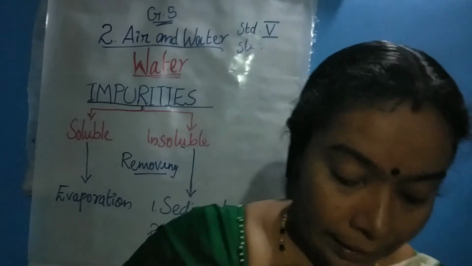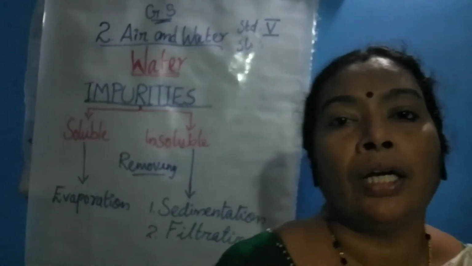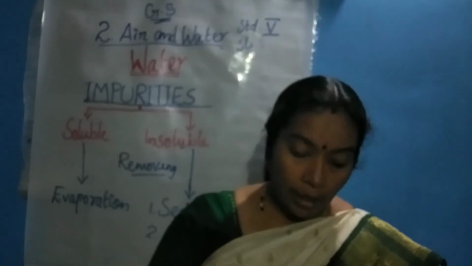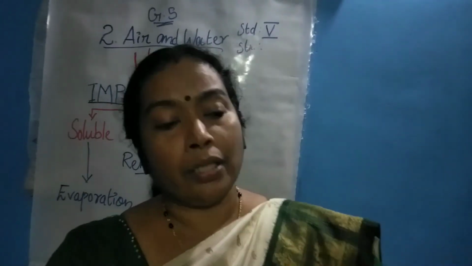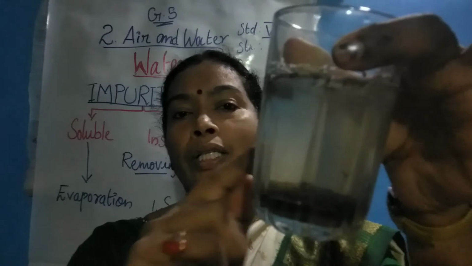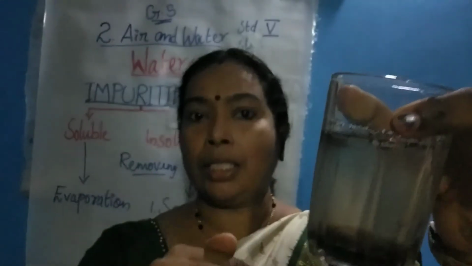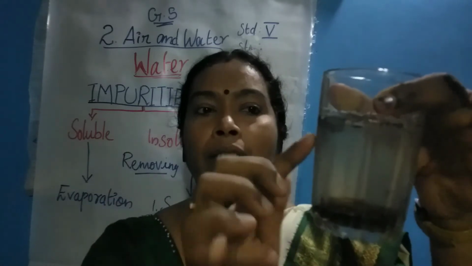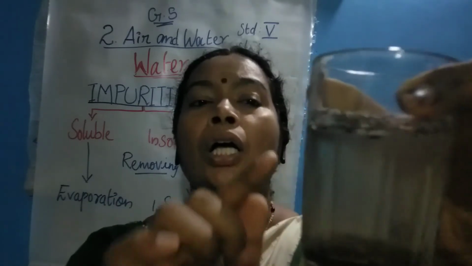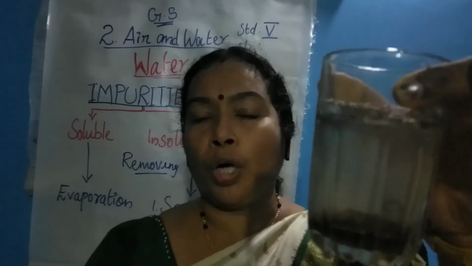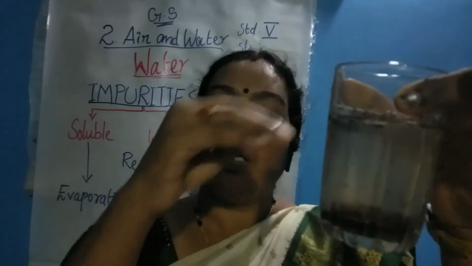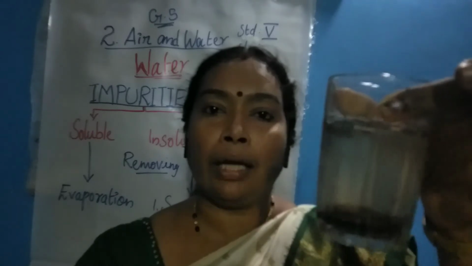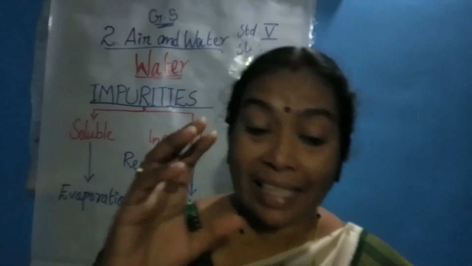If we leave the water for a few more hours, the dissolved impurities may all settle down, meaning the clay and the fine sand particles that give this kind of color to the water also settle below the water level, and we will get clear water.